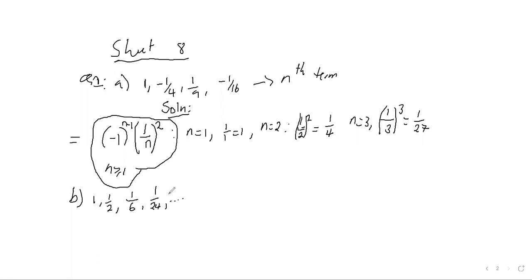How are we getting these terms? 1, and then 1 over 2, and then 1 over 6, and then 1 over 24. So how are we getting those terms?